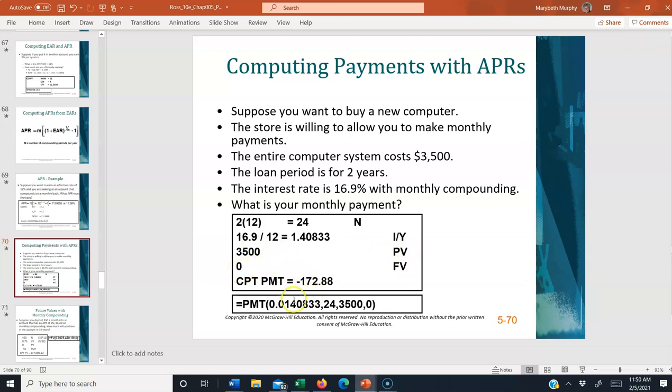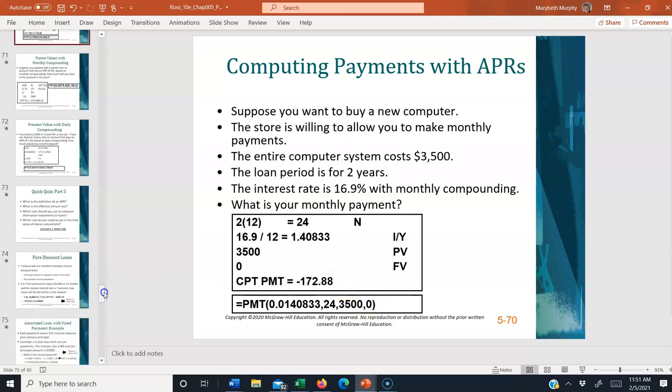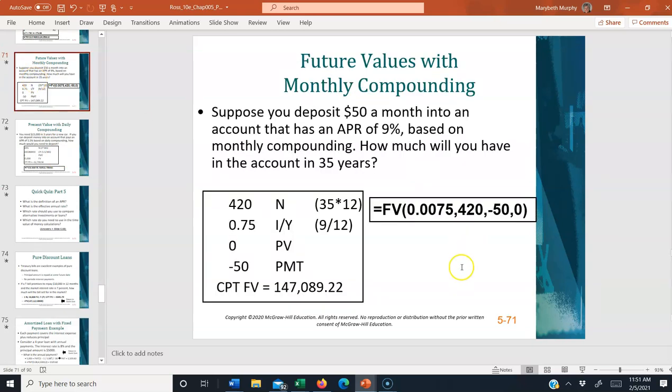We hit compute payment and it should be $172.88. If we use Excel, we're going to use the payment function. The first things are the interest rate, number of periods, present value, and future value, and that should give you the $172.88.